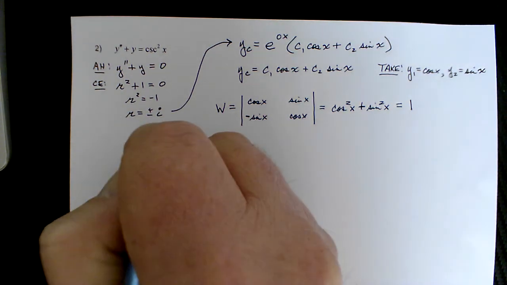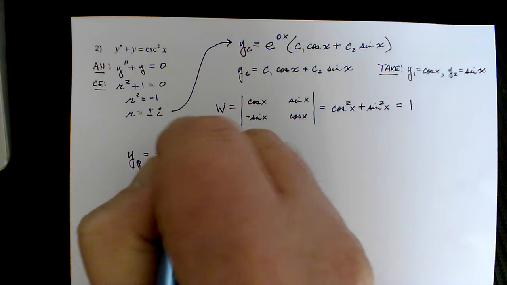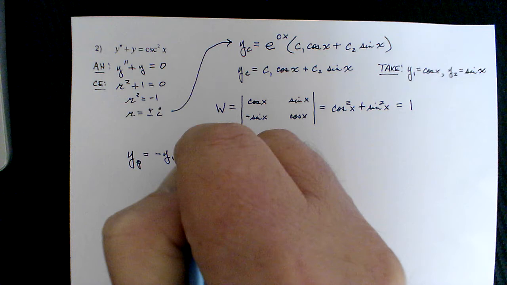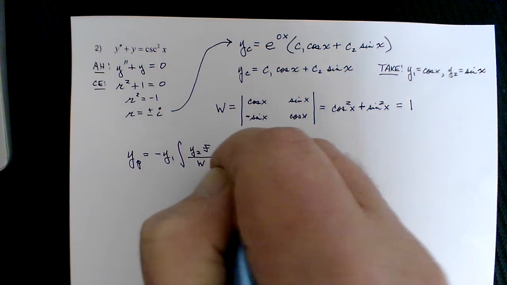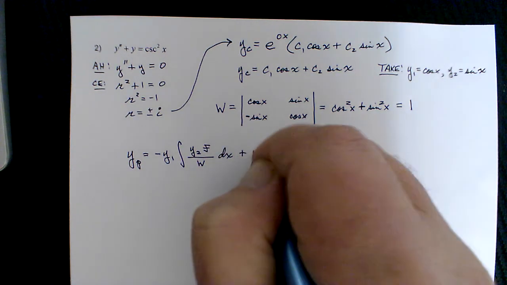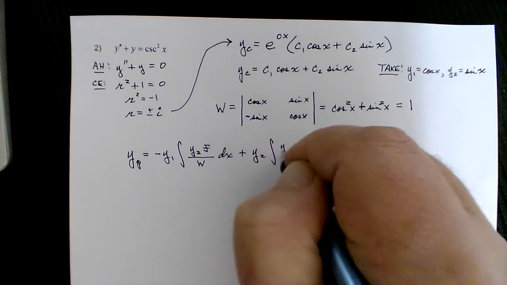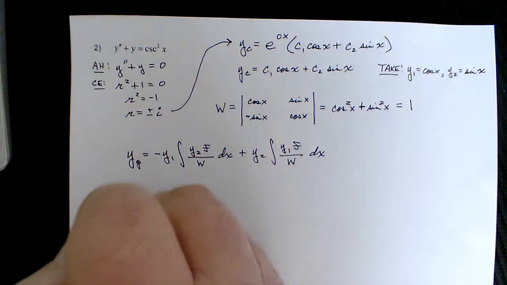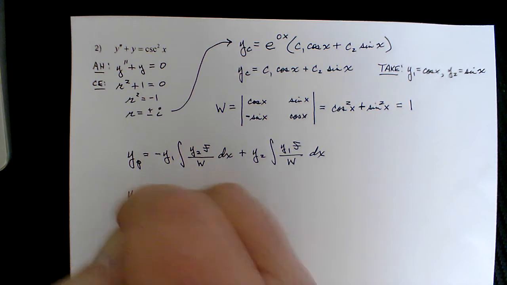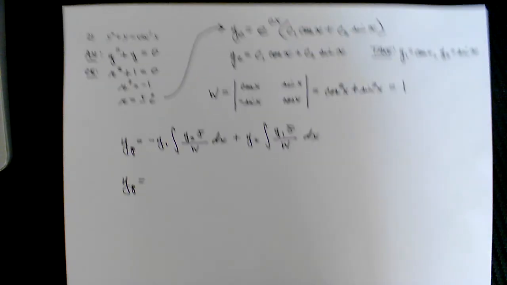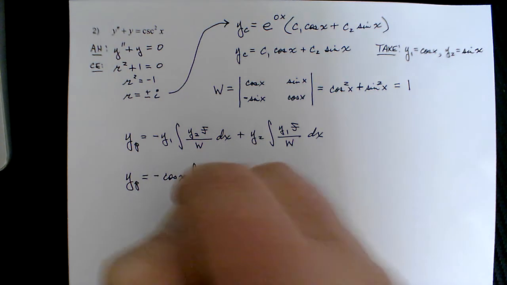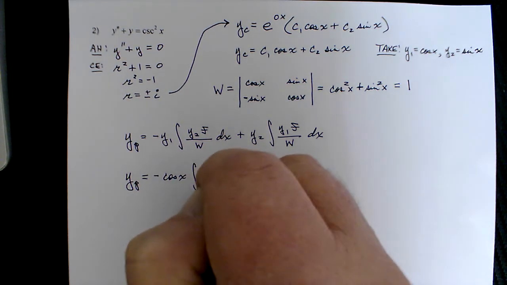So y sub p is minus y1 integral y2 f over w with respect to x, and then plus y2 integral y1 f over w with respect to x. So at this point it's really just a matter of plugging in and then evaluating the integrals. So we have y sub p is minus y1, so minus cosine of x out in front of the integral of y2, the sine of x, times the function.